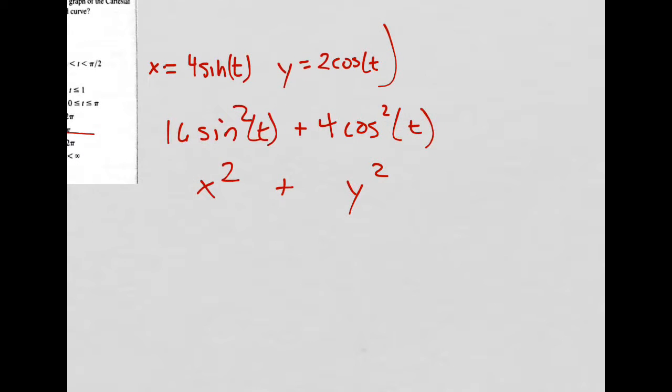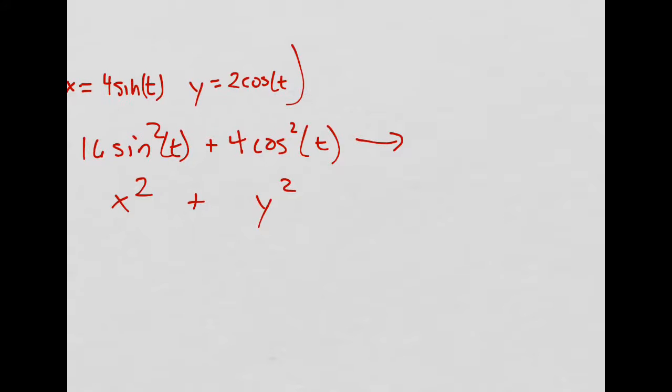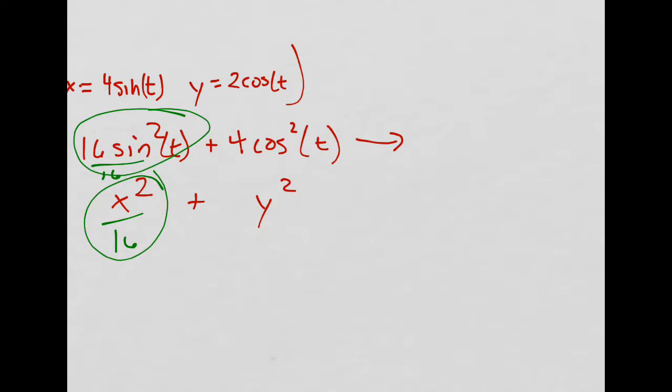Okay, but this is not 1 right now. I want to make it 1. I want to use that trig identity. So I can divide both of them by 16. Right? So now this is x squared divided by 16. So I write down x squared divided by 16. Hopefully that makes sense.